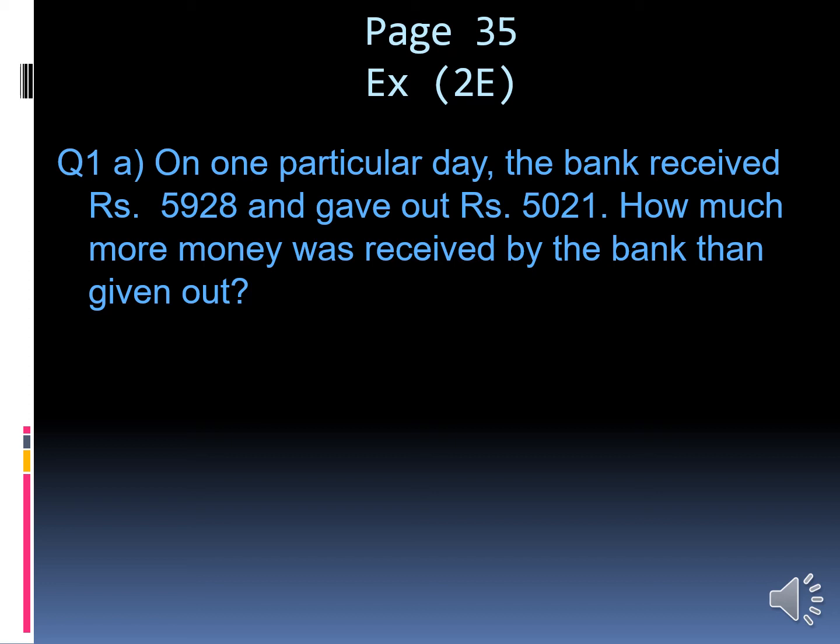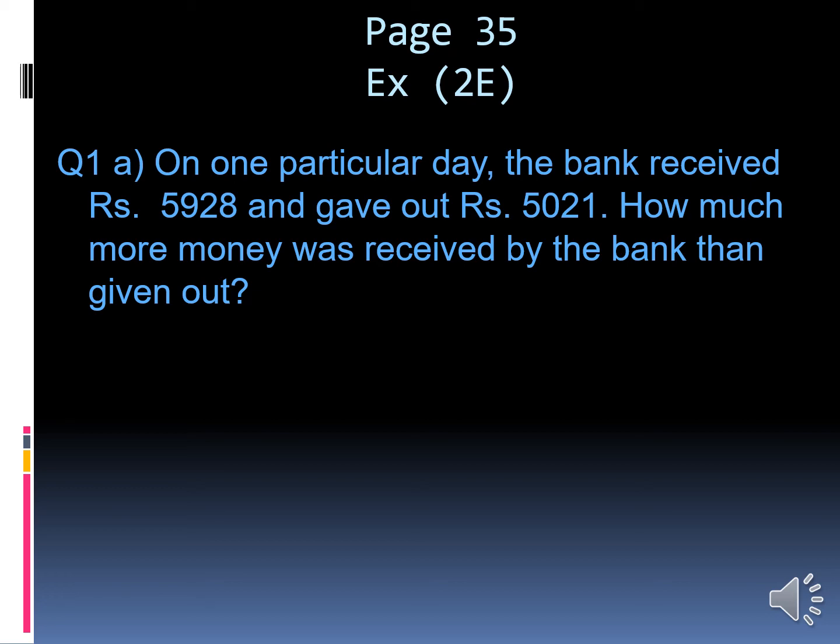We need to find out how much more money was received by the bank than what was given out. Now, we need to decide what we are supposed to do. Since we need to find out how much more money was received by the bank, we need to subtract.